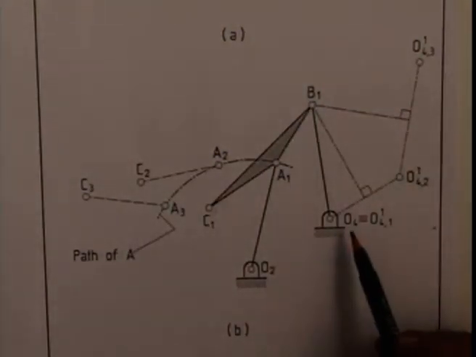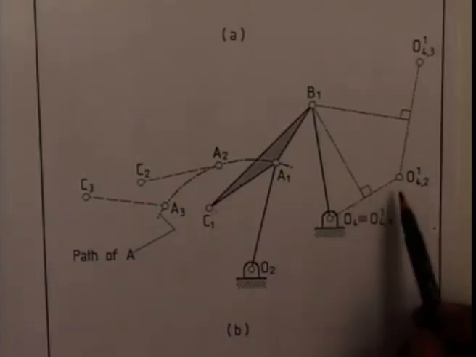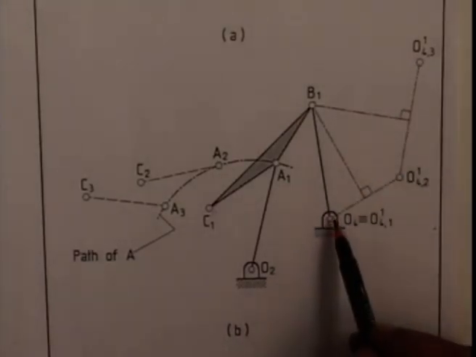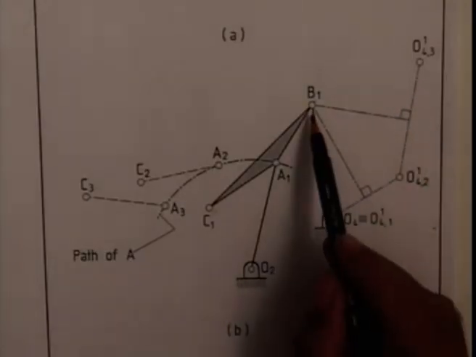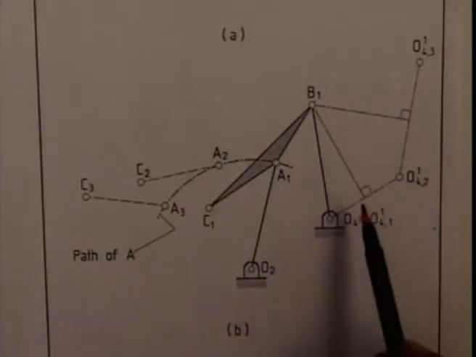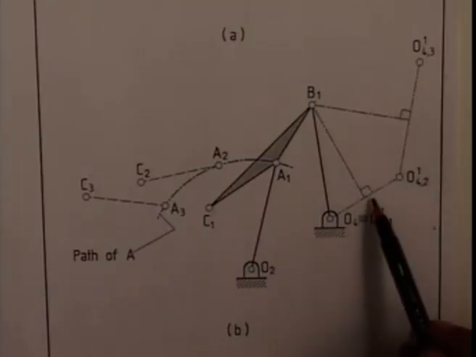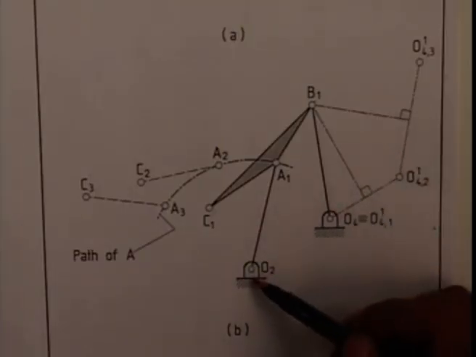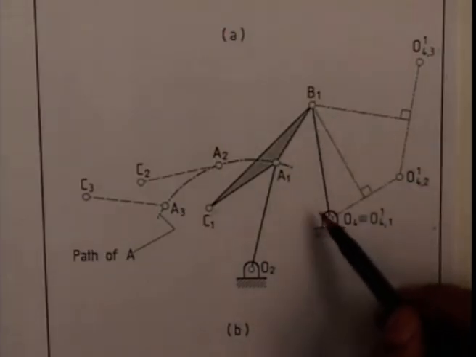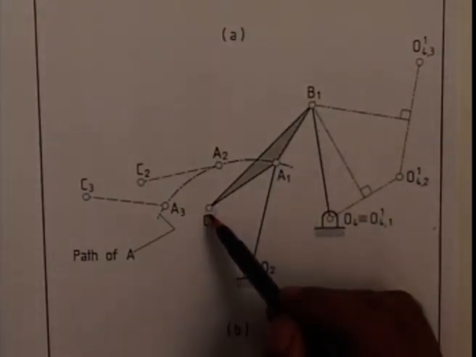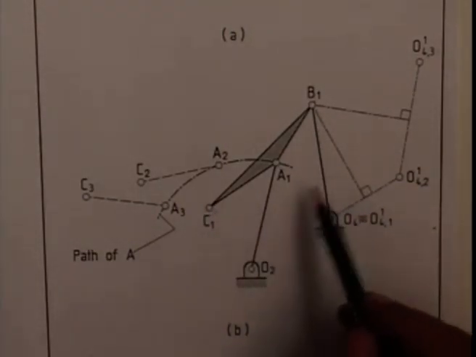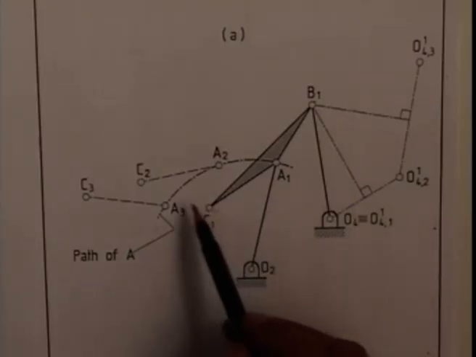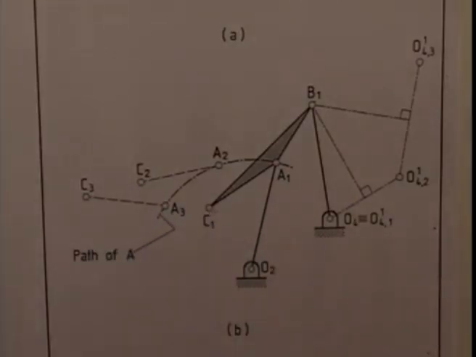So I hope this is clear how to obtain the inverted positions of O4, and the center of the circle passing through these three inverted positions of O4 is at B1, as determined by these two perpendicular bisectors. So we design the linkage O2, A1, B1, O4 with C1 as the coupler point, which, when this linkage is moved, C1 passes through C1, C2, C3.